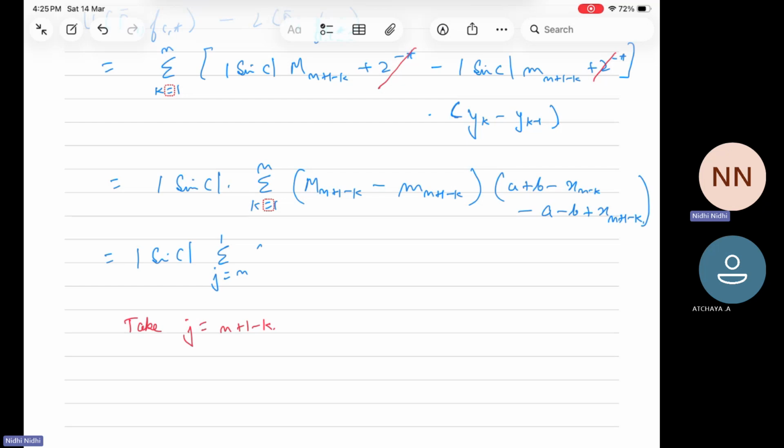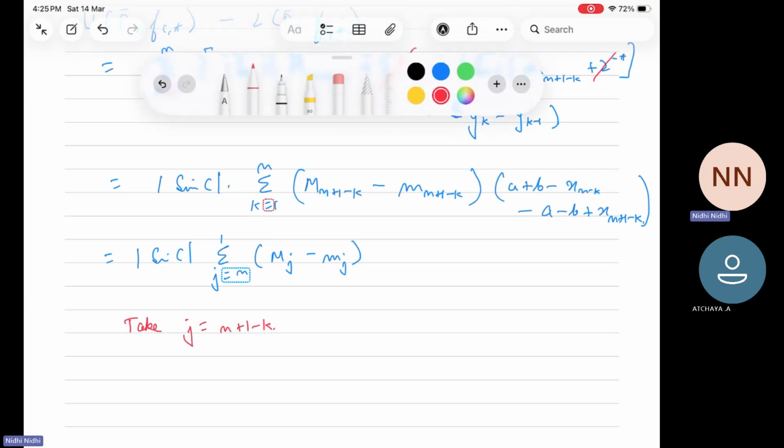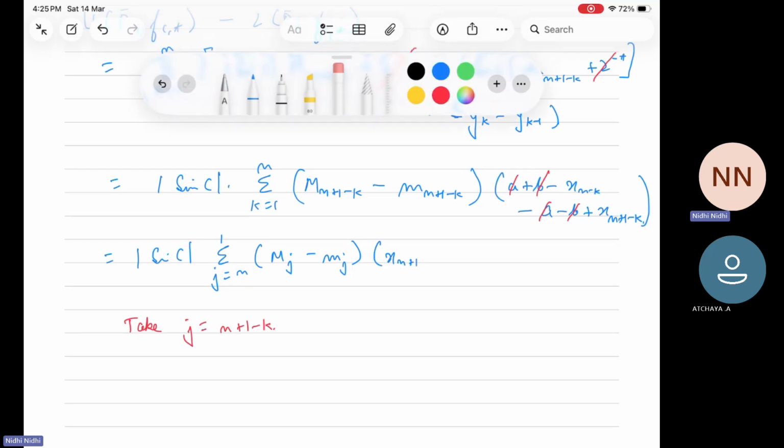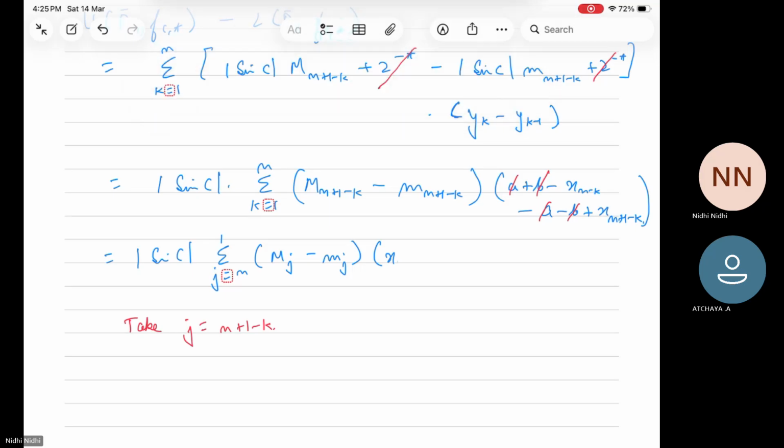So this will be M_j minus small m_j times, and all this will get cancelled out, so we are just left with x_{n+1}. So that's x_j minus x_{j-1}.